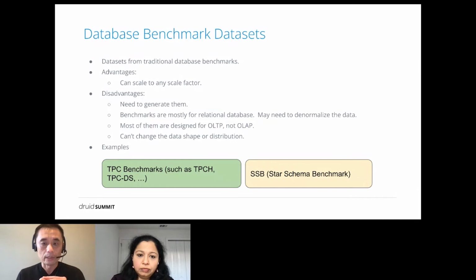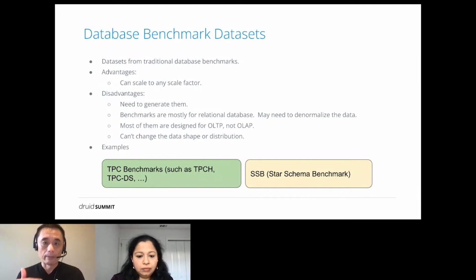The other issue is that most of them are designed for OLTP, not OLAP, although in recent years they have started to have more and more benchmarks for OLAP. However, you still have the same issue that you need to denormalize them.